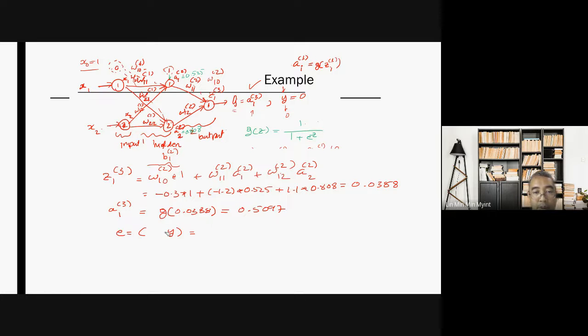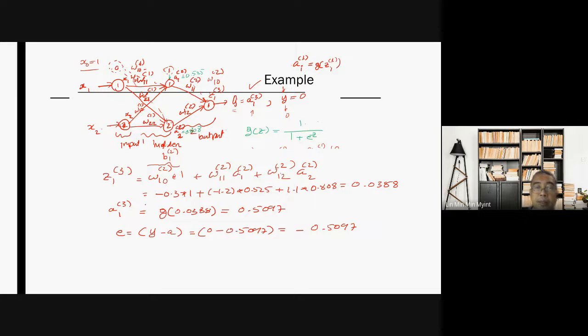Oh, sorry. Let's calculate this Y minus A. It will be equal to Y is 0 minus 0.5097. It will be equal to minus 0.5097.